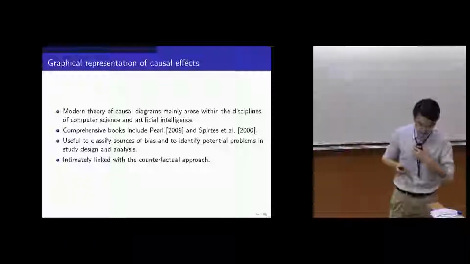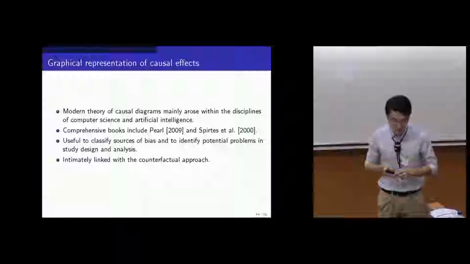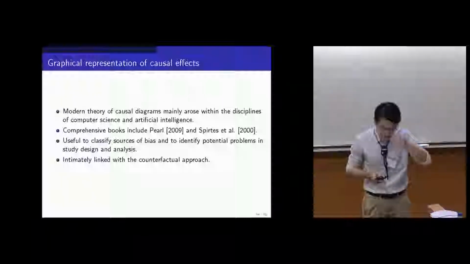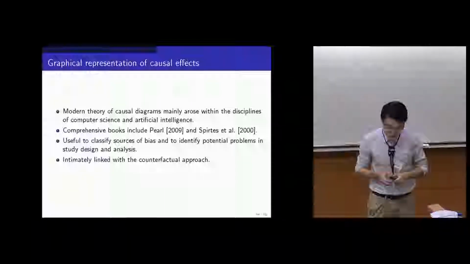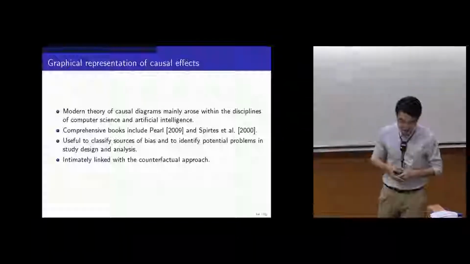Okay, so for the second half of the tutorial, I will talk a little bit about graphical representation of causal effects. The modern theory of causal diagrams mainly arose within disciplines of computer science and artificial intelligence.